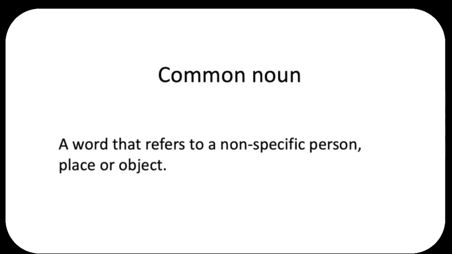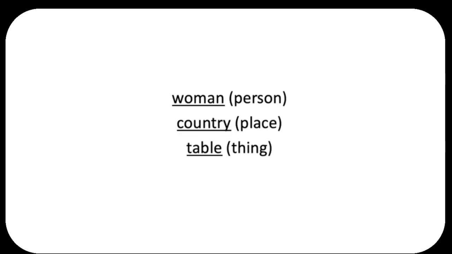Common nouns are words that refer to a non-specific person, place, or object. For example, a woman is a non-specific person. Country is the name of a non-specific place.